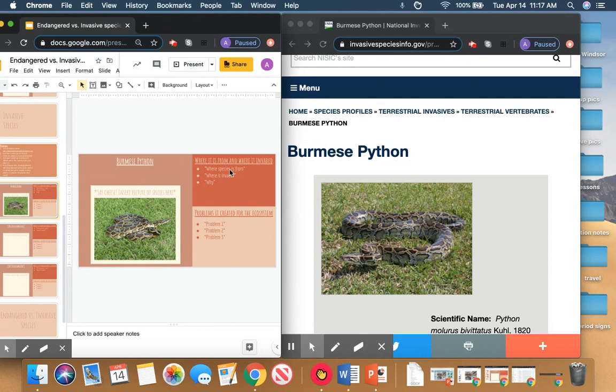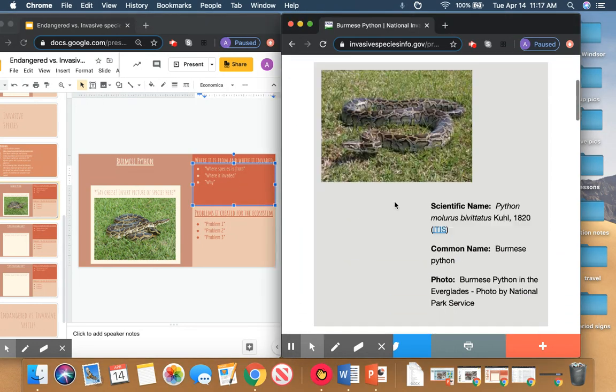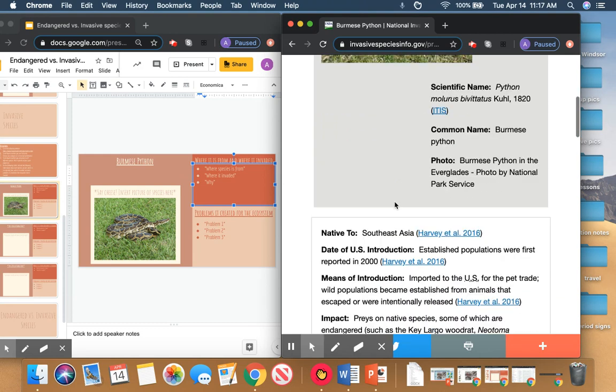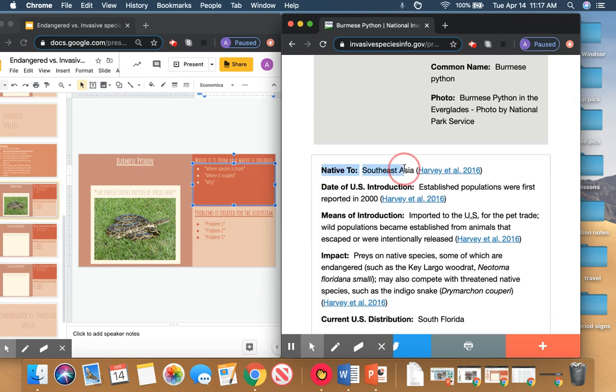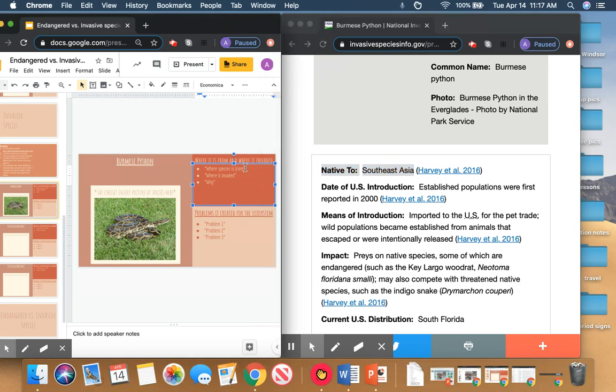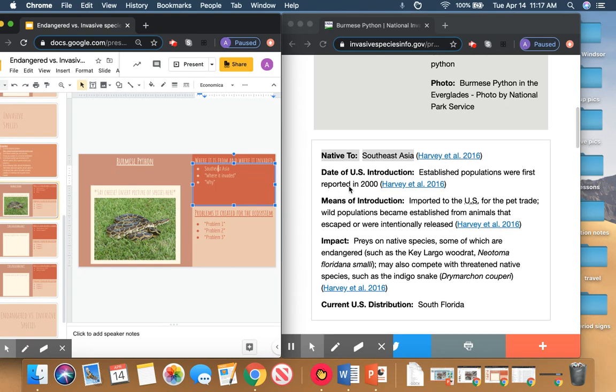Now, where it is from and where it invaded. If I scroll down on this page, it's going to tell me it's native to Southeast Asia. So that's where the species is from. That's the very first bullet point that I have here. I'm going to type it right in. Southeast Asia. Where it invaded. Well, let's see.